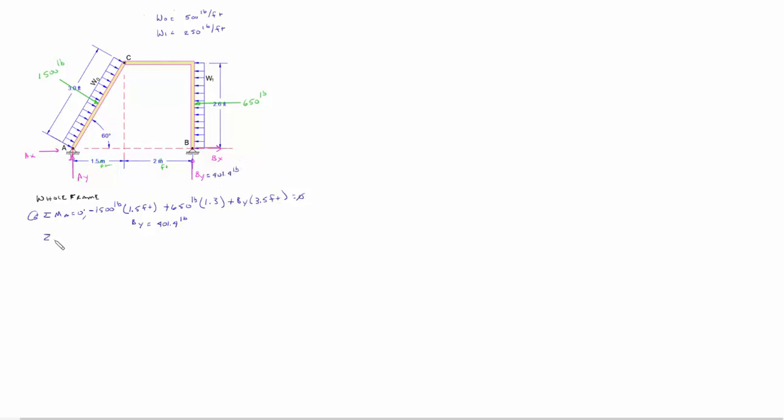So then I can sum my forces in the Y, and I'm going to have 401.4 pounds. That's this one here. Now I've got to break this up into its components. So I'm going to put this here. I know that this angle here, if this is 60, then this angle here is 60, and this angle here would be 30.